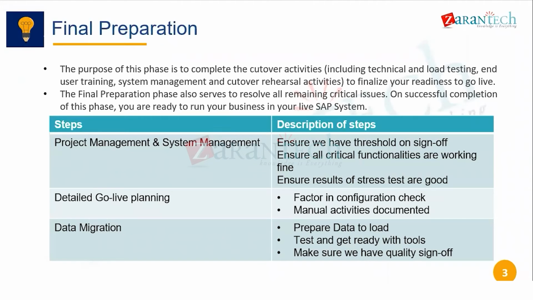In this step, it will be a display only mode, but at least you will be able to check through all the configuration nodes which you have done. So basically in the detailed go live planning, you have a configuration check, and the manual activities are documented here.